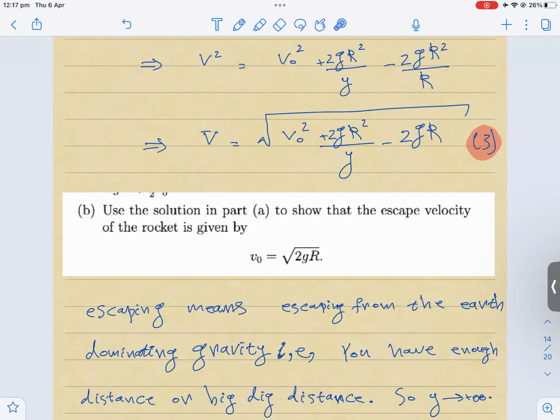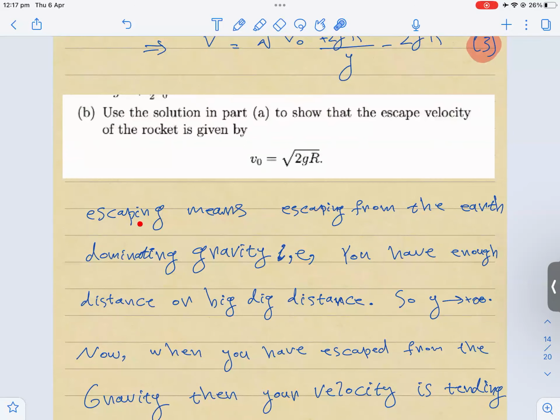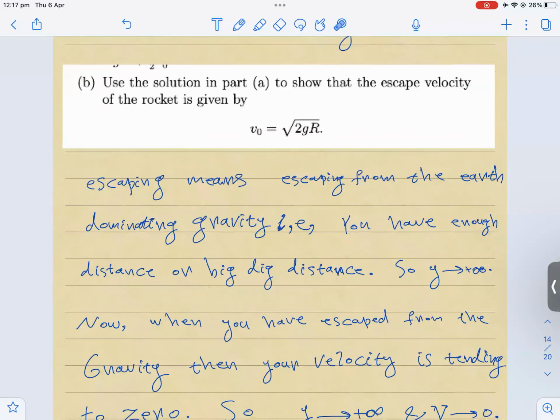Now v0 is for escaping from the dominating gravity of the ground. It means you have enough distance. When the rocket is far enough from the earth, you have a good distance from the earth, a big distance, and it means there is no friction, and you stop there.